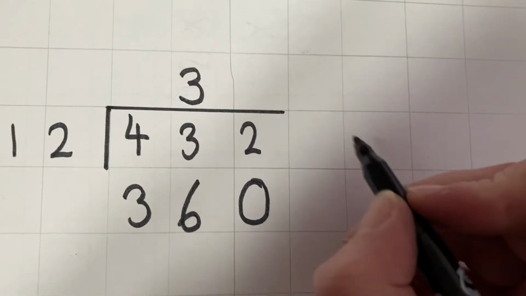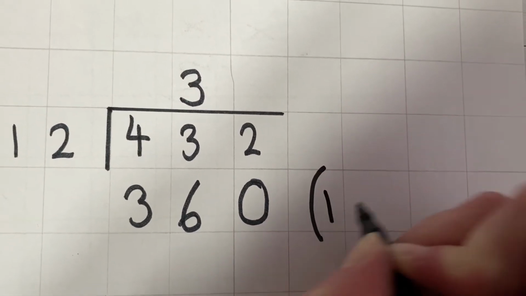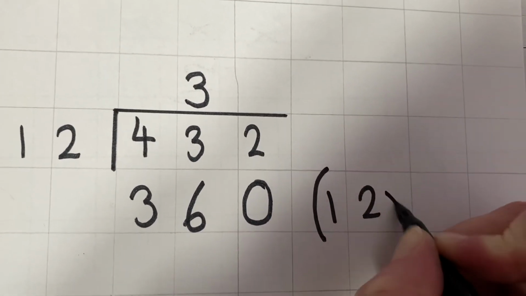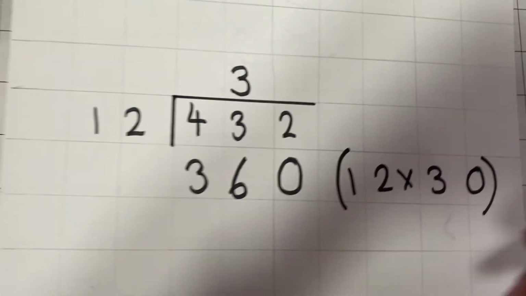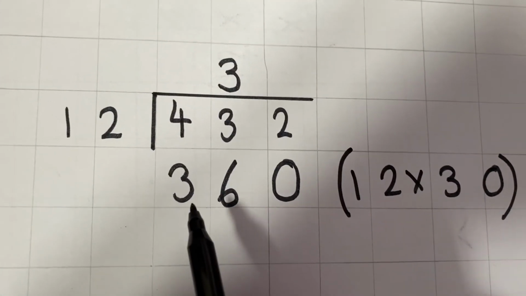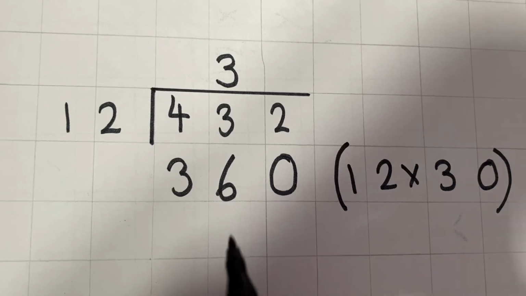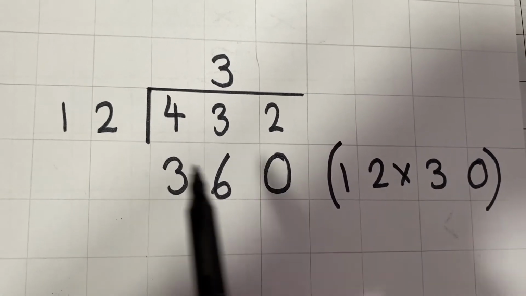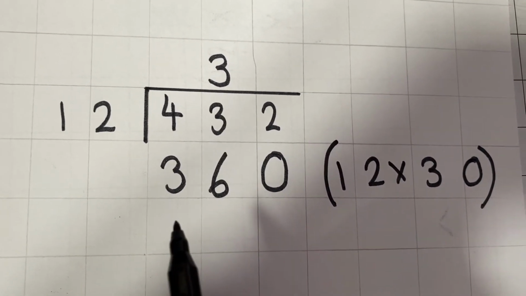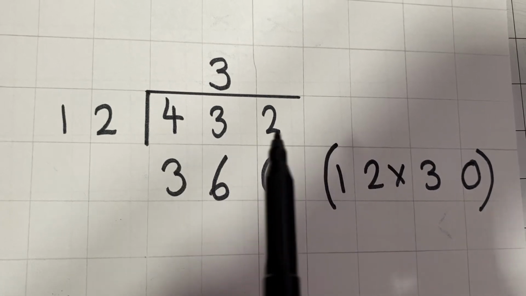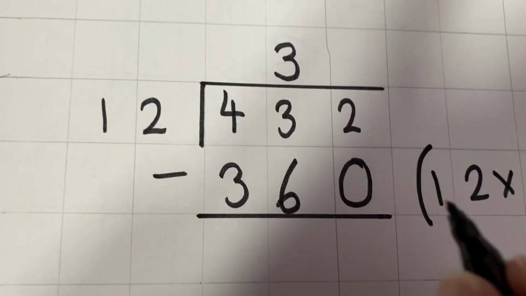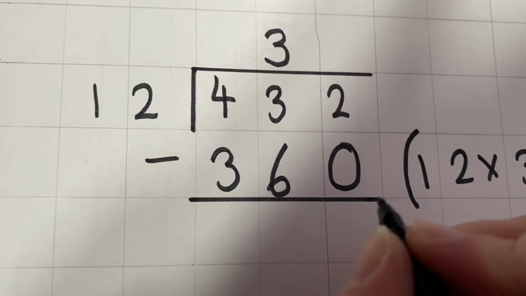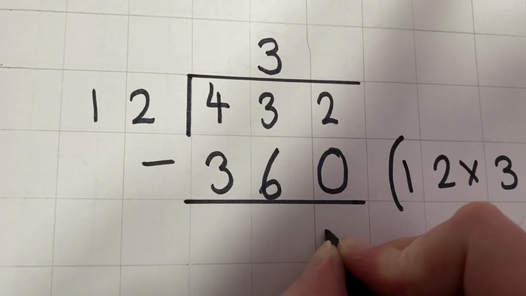This would then be 12 times 30, because 12 times 30 is 360. What I need to do now is find the difference between 432 and 360. So, 2 take away nothing, 2 take away 0 is 2.